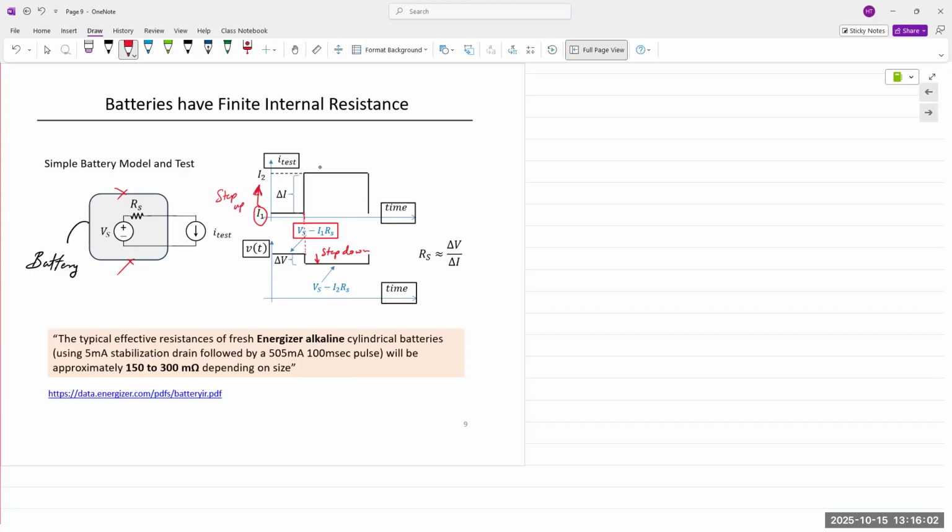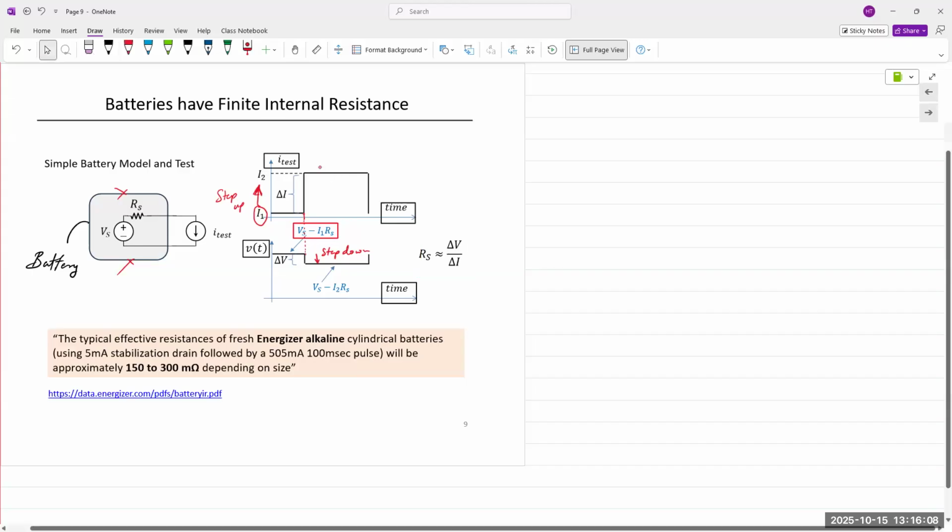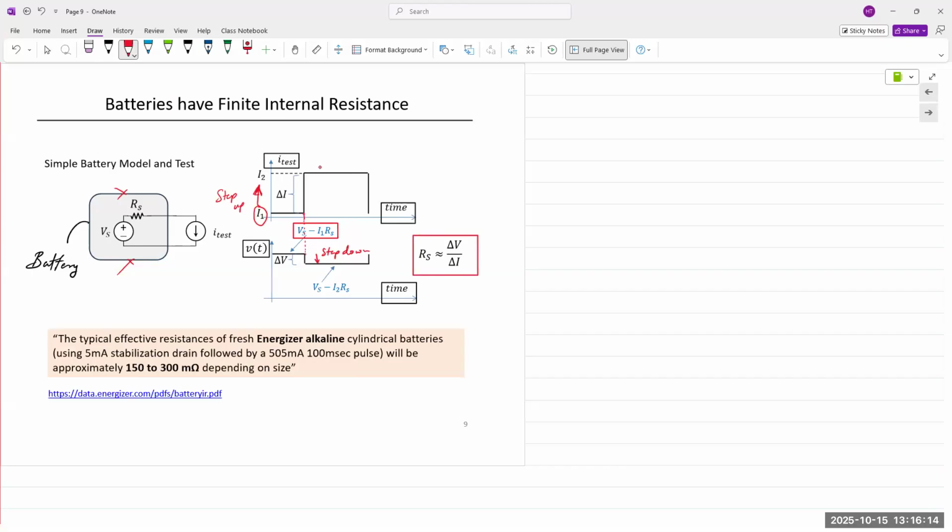Then we apply Ohm's law again, and that gives us Rs equals delta V over delta I, the change in the voltage over the change in the current. Again, from Ohm's law, V equals IR.